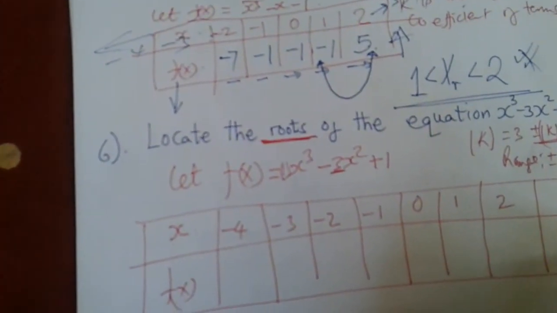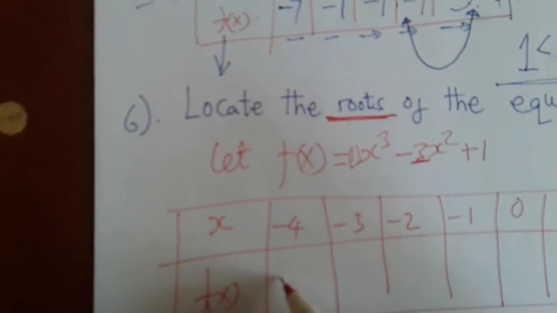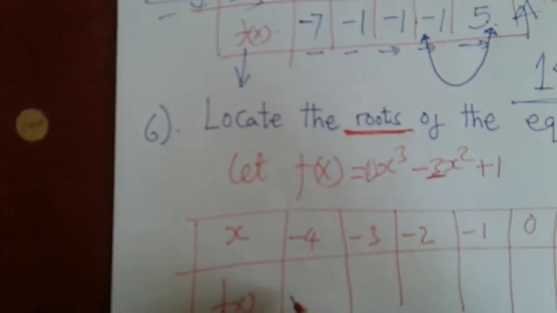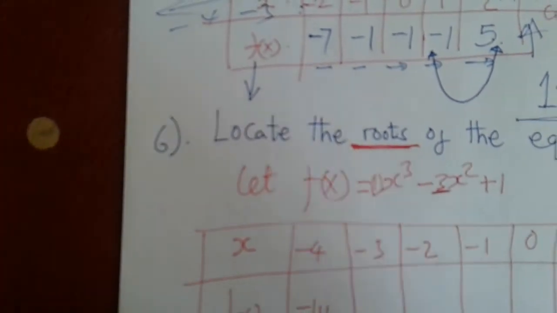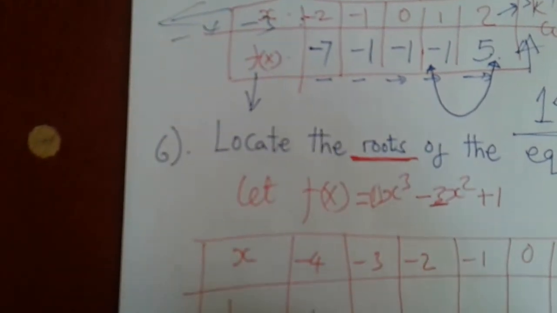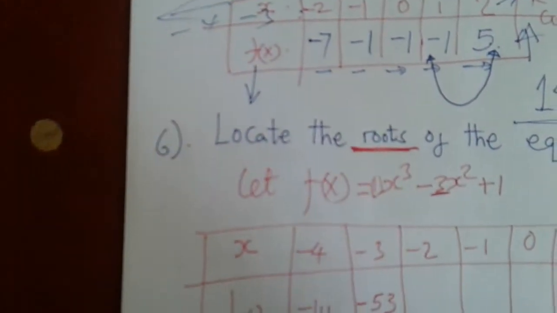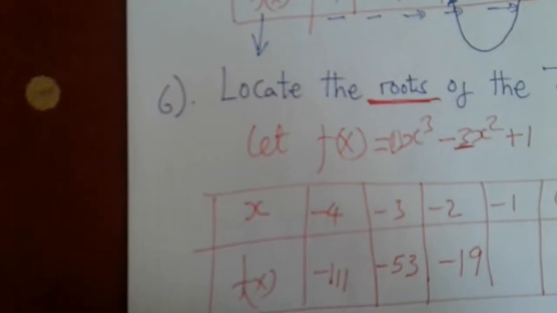So we fill up this table, and we shall see that when we put -4 in our calculator, it gives -111. When we put -3, it gives -53. If you put -2, it gives -19.